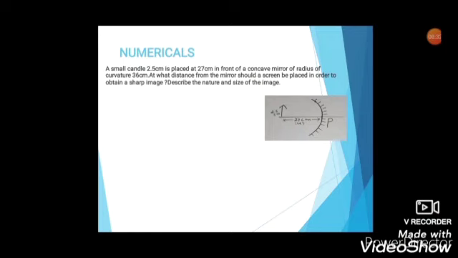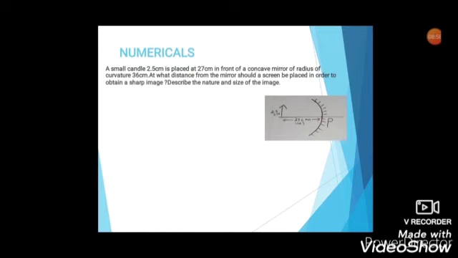Here, to understand the question, like the first question, we have to find the position of the image. That is there. Apart from that, they've asked you a second part of the question wherein you need to find the nature and size of the image. Nature and size, as I've discussed in the class, nature is nothing but, is it a real image, a virtual image, or an inverted one, or an erect one?